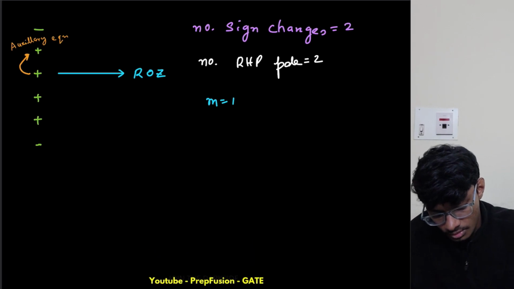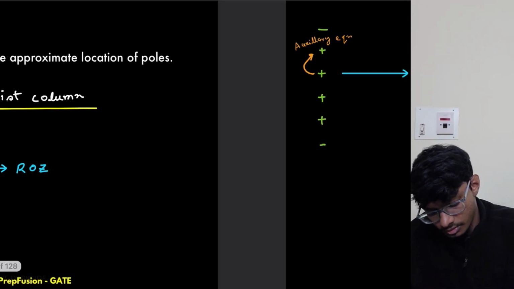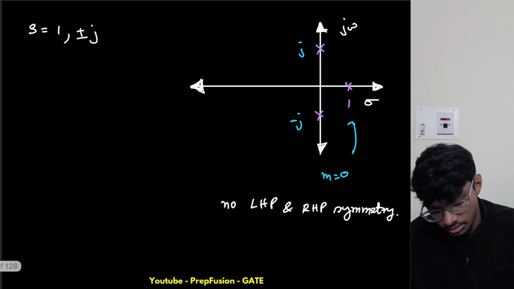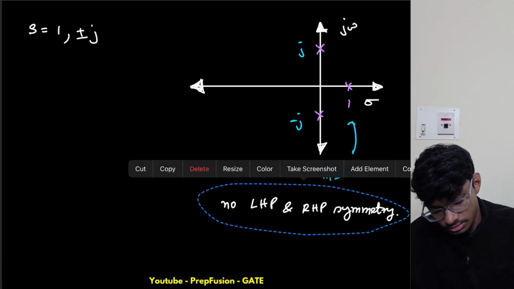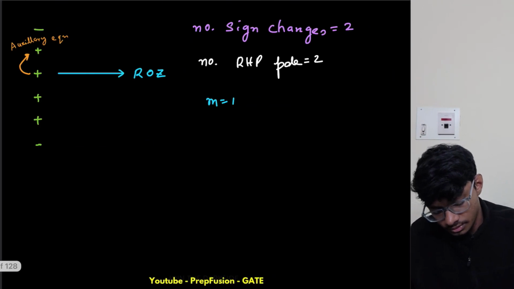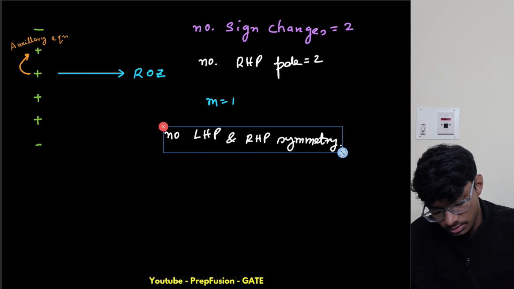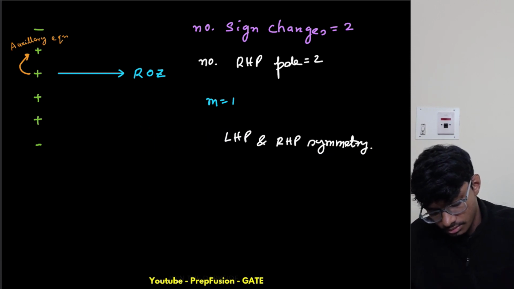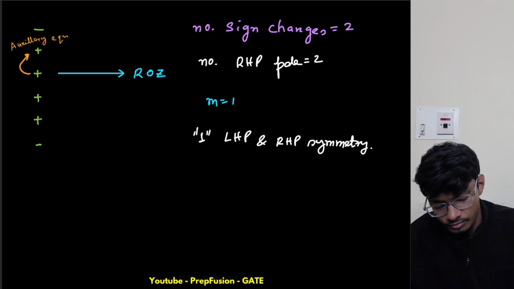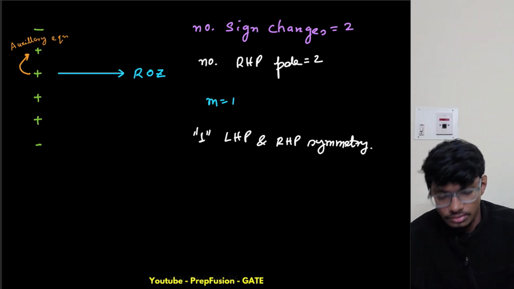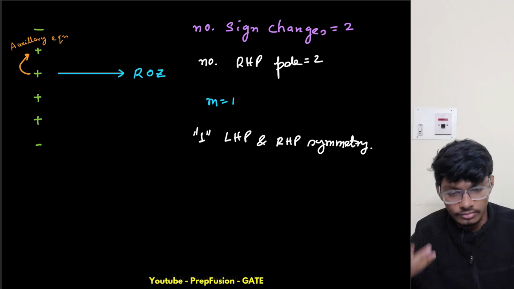So, symmetric. Okay, I will copy this one first. Number of, there is one left half plane and right half plane symmetricity. Okay, we'll try to plot it and then we'll understand.